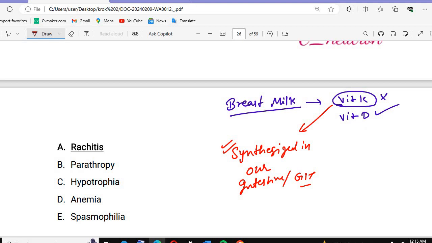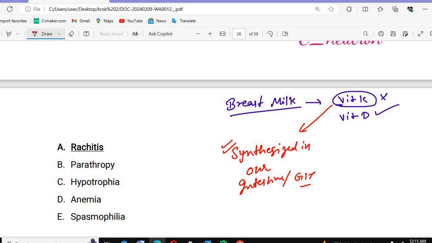But once the baby starts breastfeeding, or any milk goes inside the GIT tract, the bacteria that are normally present in our intestine help in the synthesis of vitamin K. But in the starting days this will not happen, because the whole GIT tract doesn't have any food or milk inside.